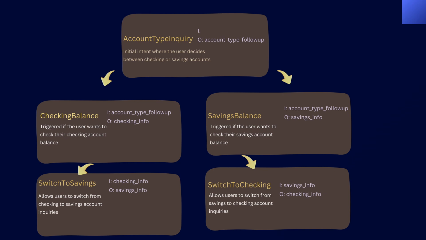As already mentioned, our banking bot will have several key functionalities. First, it will greet users and ask which account type they would like to access, checking or savings. Users will be able to view their account balances and seamlessly switch between the checking and the savings accounts.